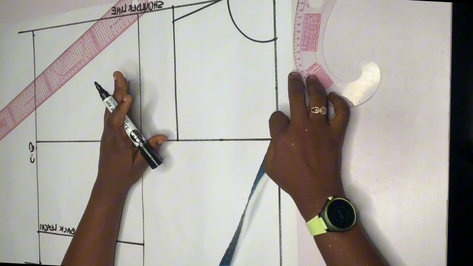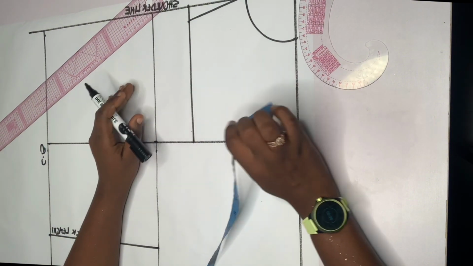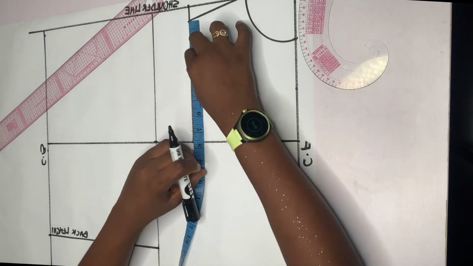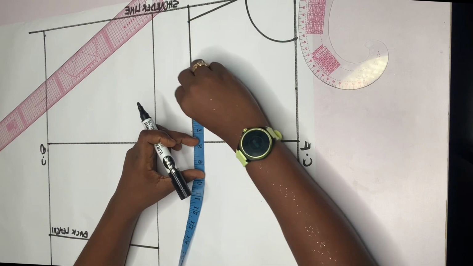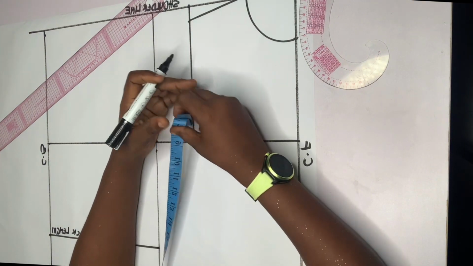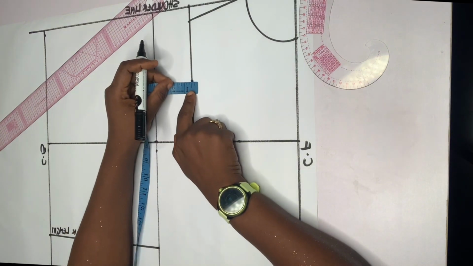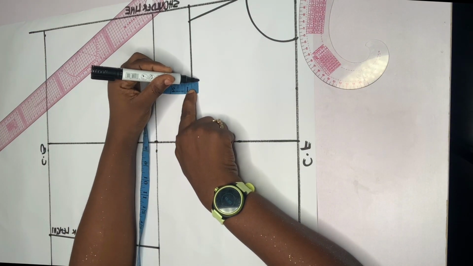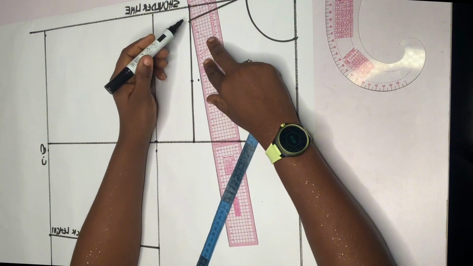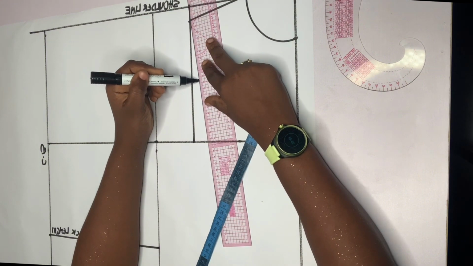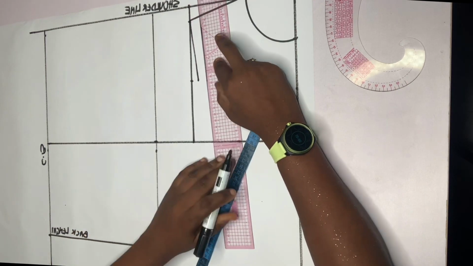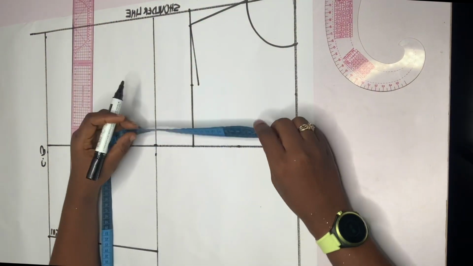Once I'm done marking my shoulder slope, I'll divide my armhole line into 2, and whatever the midpoint is, I'll mark it like so, and then I'll go in by half an inch. I'll connect that half an inch point to my shoulder slope with a straight line.